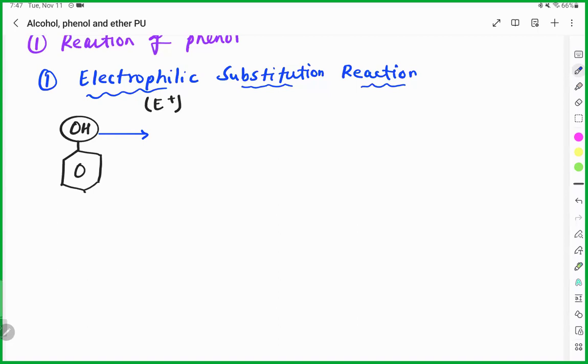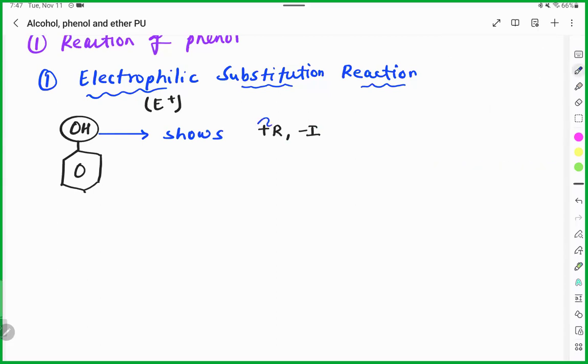In resonance, which one, plus R or minus R? It shows plus R and minus I effect. This is the OH group in phenol.